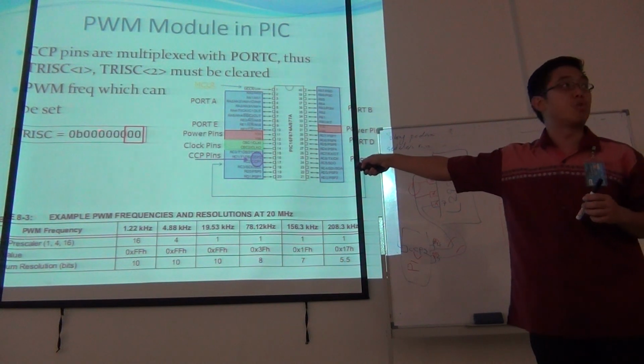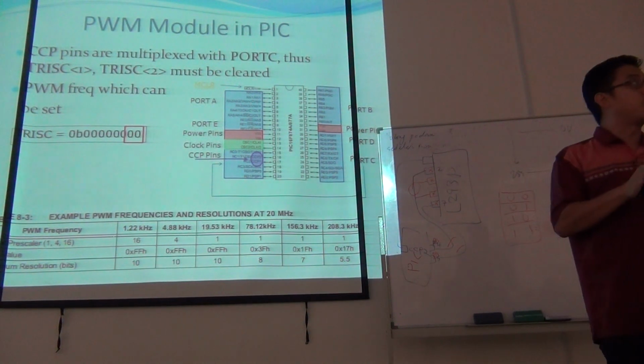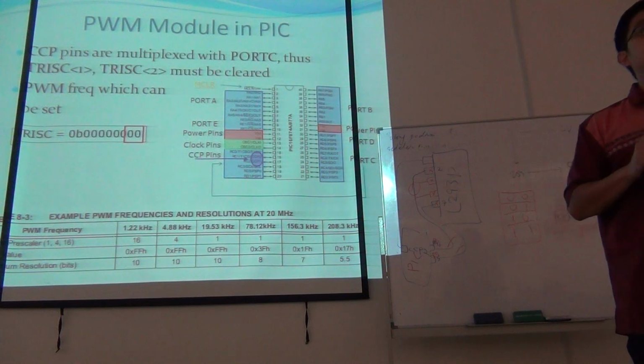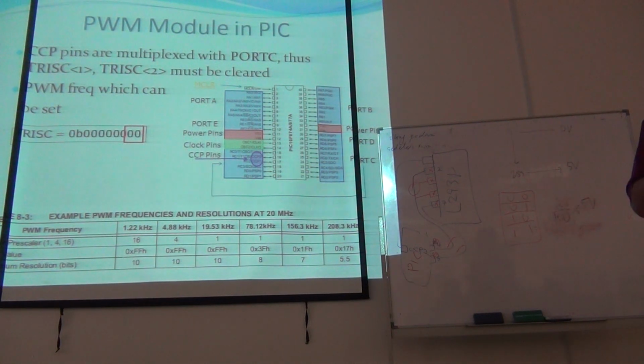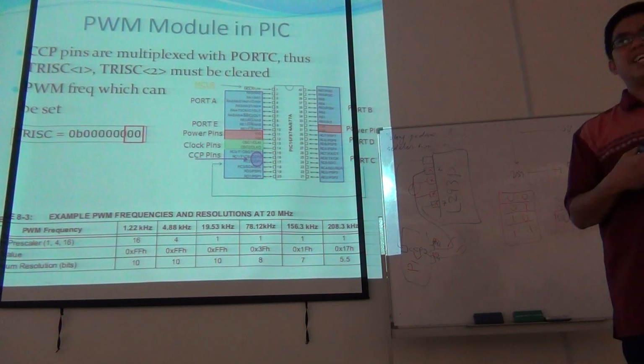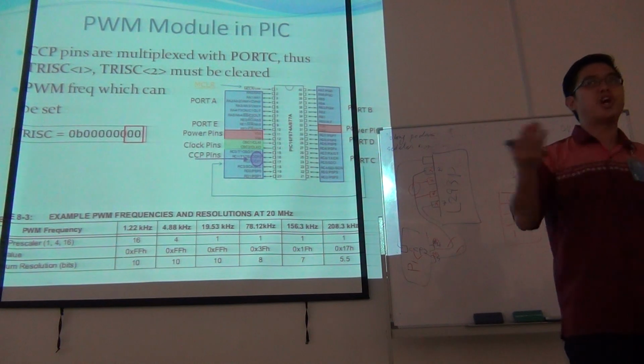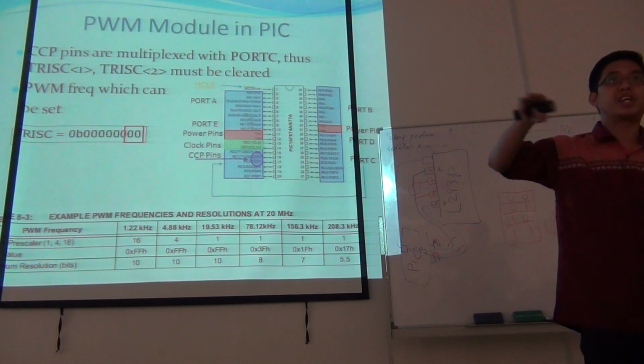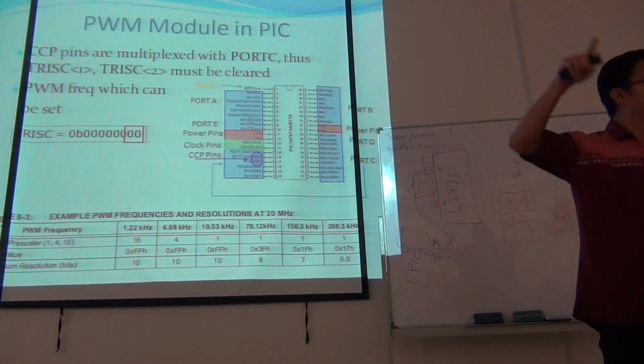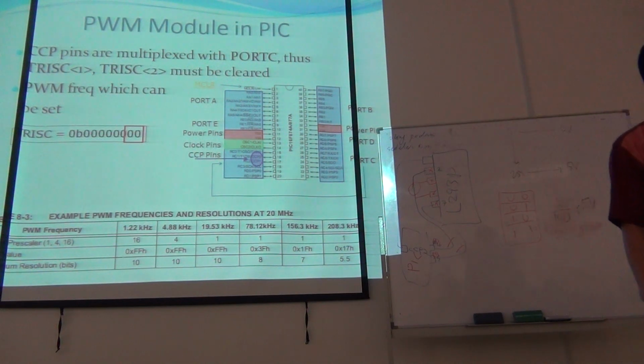This one will be 0, 0. It must be output, else you cannot generate the PWM signal. If you declare it as input, it won't work, because you are not getting input. You are generating the output going to the motor. Alright, so this one.